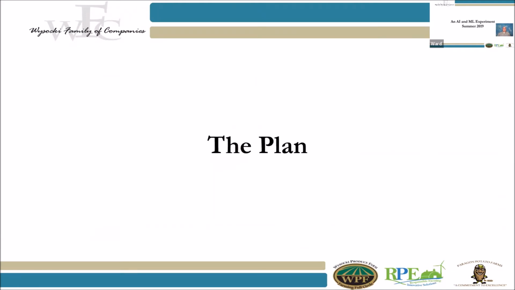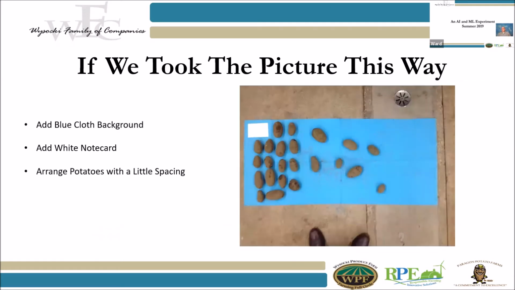So what we thought was going to happen is, remember, we were taking pictures before, so let's make it as simple as we possibly could. Let's simply add a blue cloth background, add a white note card in the top left of the blue cloth background, and then just put a little bit of spacing in between the potatoes, and then have an agreement that we're going to take pictures of 1 plant, 3 plants, 5, whatever the number of plants is that will fit on this blue cloth.